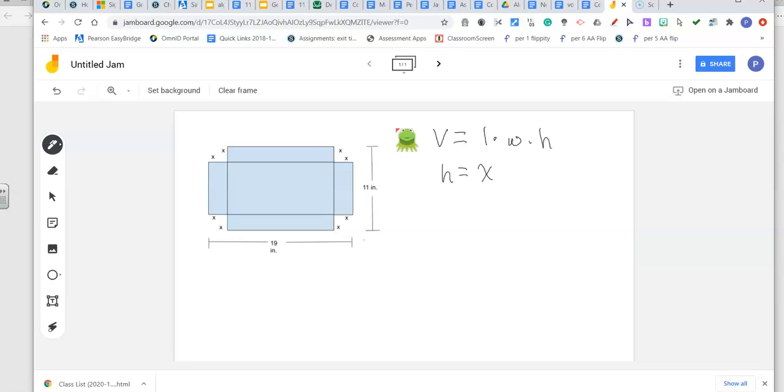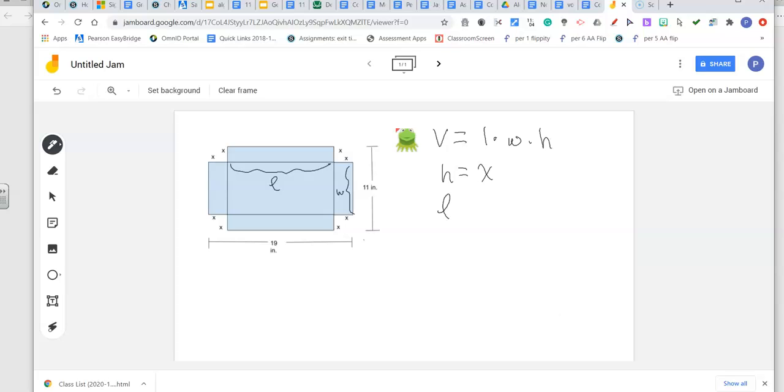Now the length is from here to here. That's the L. And then the W, I know this seems a little strange this way, the W is from there to there.